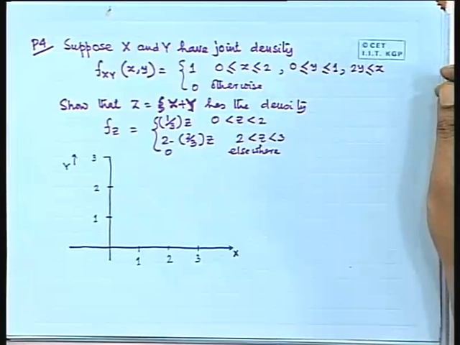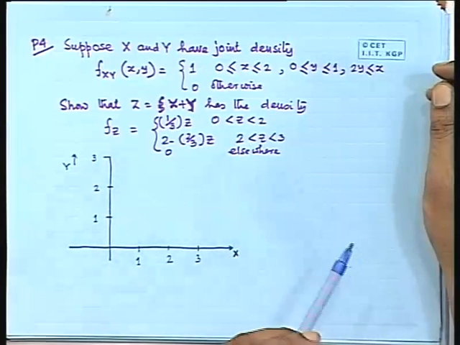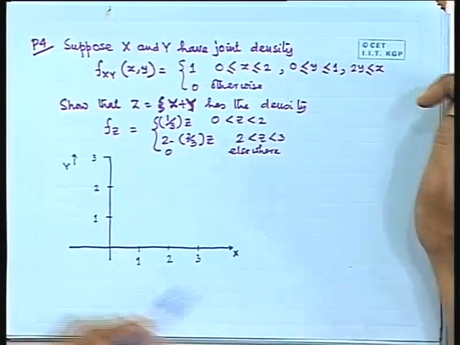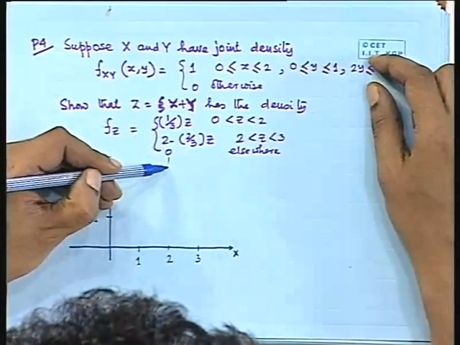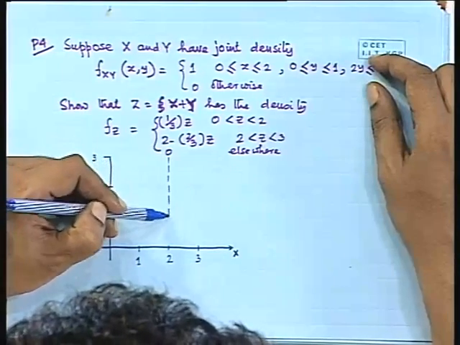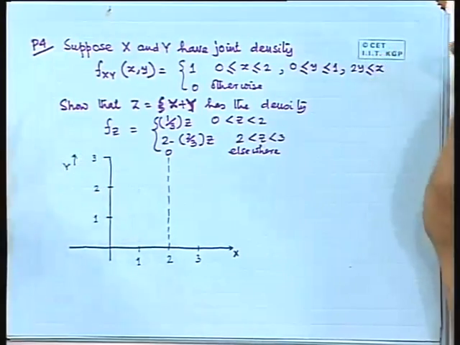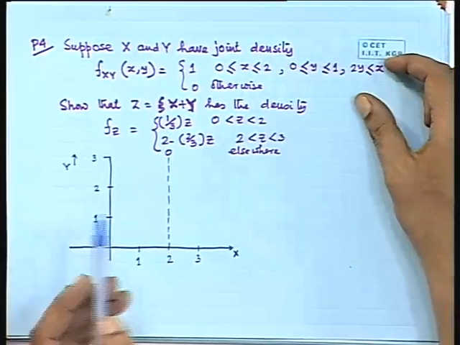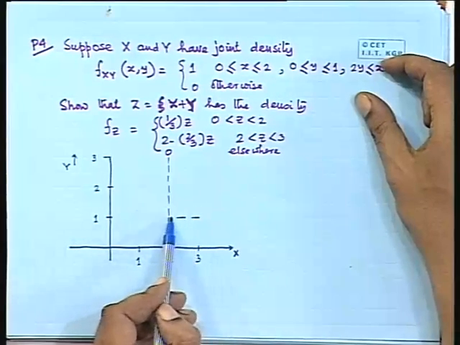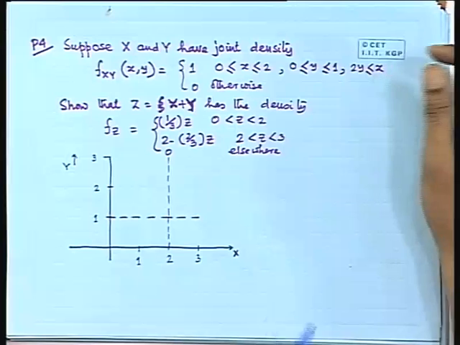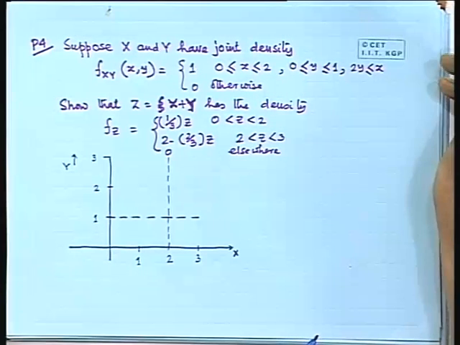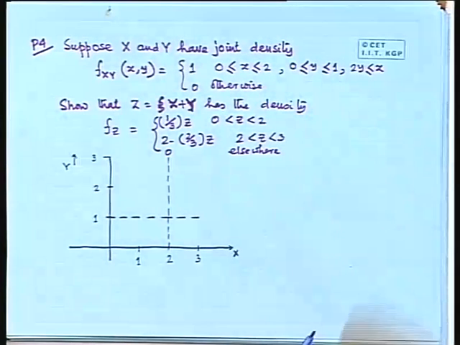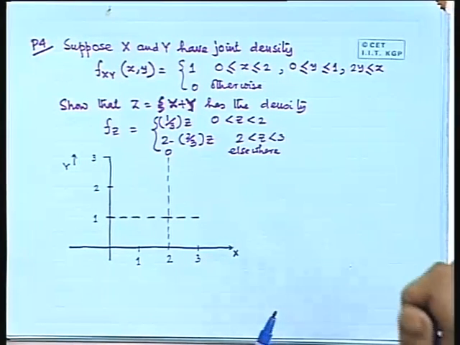So 0, x, and x is between 0 and 2. So x is in this region. Y is between 0 and 1. So y is in this region. And x is less than or equal to twice y. So what is the x equal to twice y line?